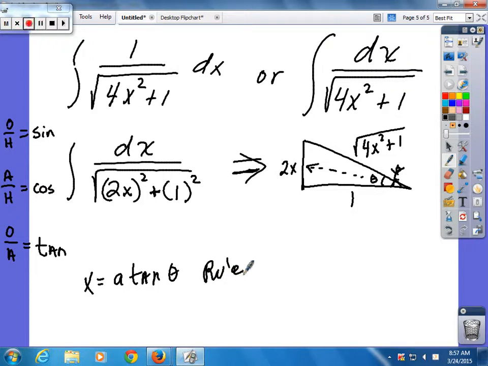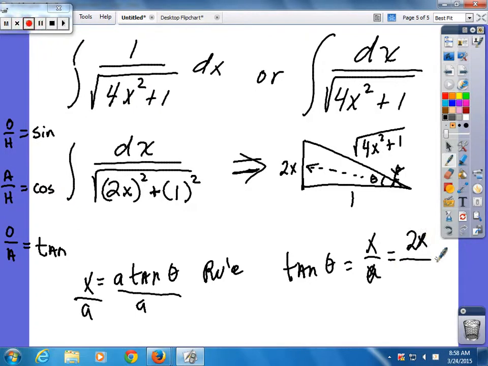Okay, so solve for tan. So by the rule, the tan of theta is equal to x over what? What is our x? I'm sorry, x is 2x. Over 1.